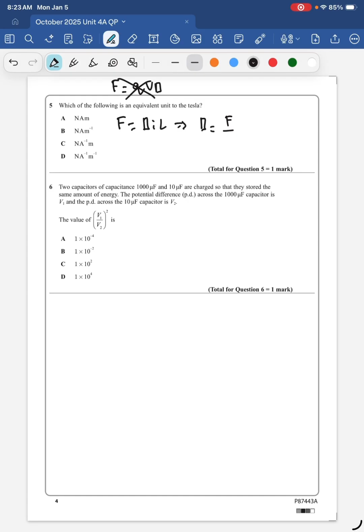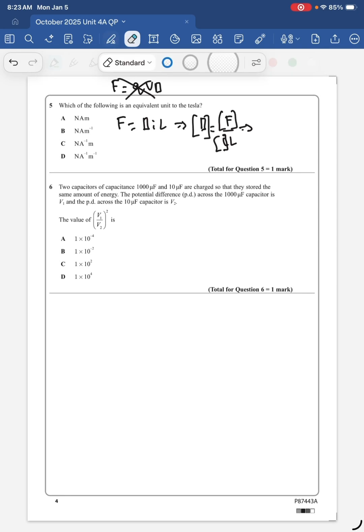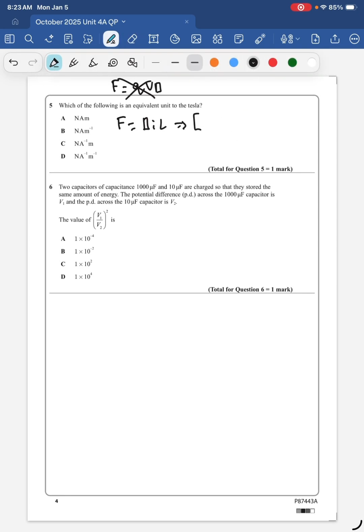The units for B, using those square brackets that I sometimes use to denote the unit of each quantity: B is F over I over L. The units for force are newtons, the units for current are amperes, and meters for length, and we immediately see that the correct answer is D.